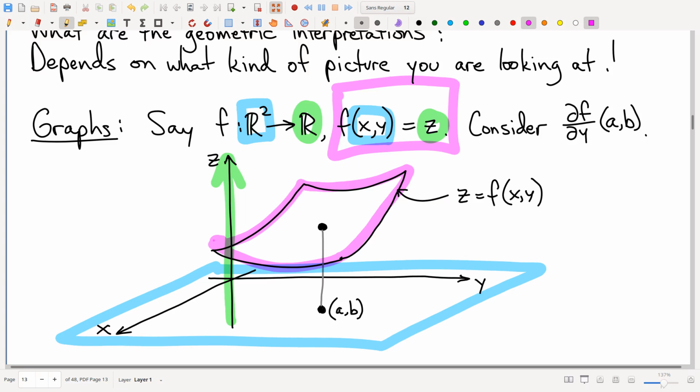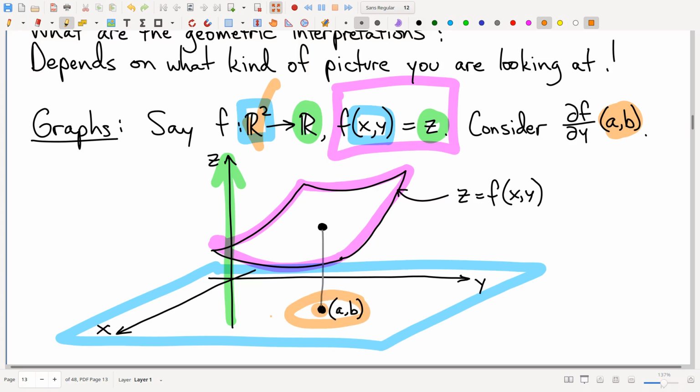All right, now when I say I want to make an interpretation of a partial derivative, I need the partial derivative to be evaluated at a particular point living inside of the domain. I'm going to imagine some particular point down there in the domain.